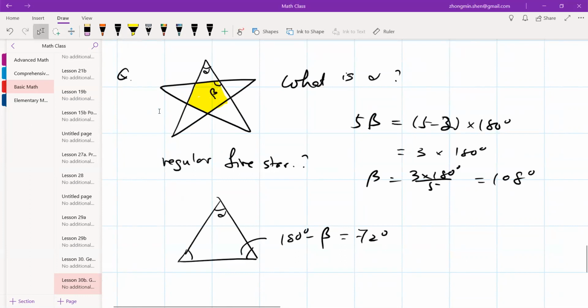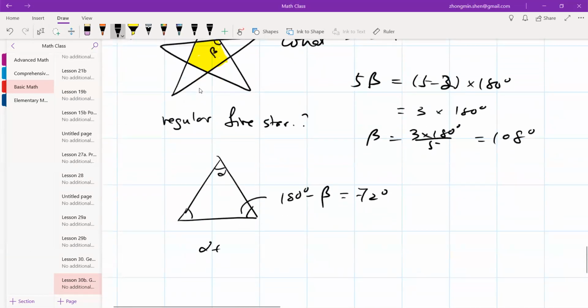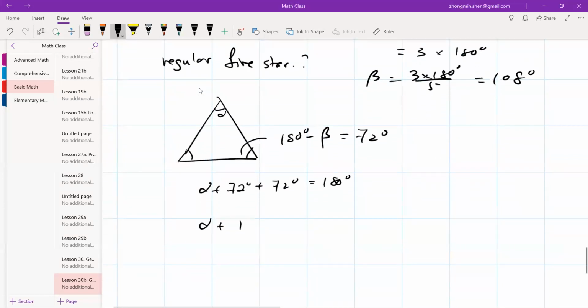Now, alpha plus 72 degrees plus 72 degrees equals 180 degrees, so alpha plus 144 degrees equals 180. Alpha is going to be 180 minus 144, which is 36 degrees.